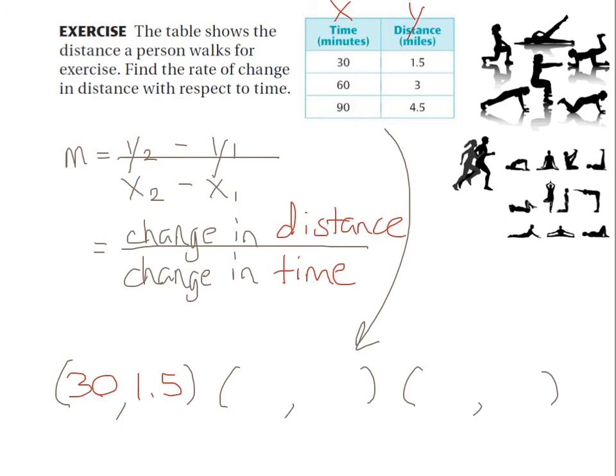Notice that distance right here is your y values, and since the numerator is the change in distance, y is going to be in the numerator again, so your numerator unit will be miles. And because of that, the change in time, which is in the denominator, is your x value, so it's going to be miles over minutes.